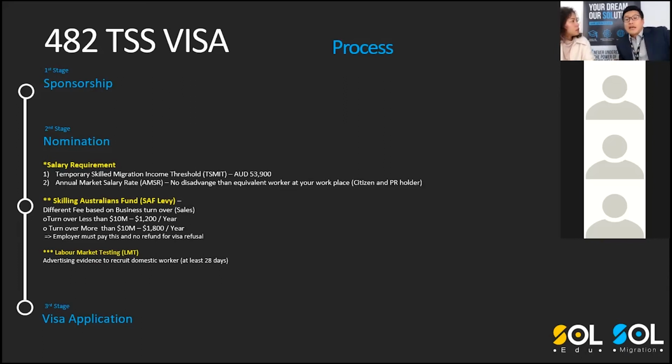But the government already provides a list of occupations, which is called the PML, the priority occupation list. So if your occupation is under the priority occupation list, under the COVID situation, the nomination process is within 2 weeks. We have granted many for IT professionals, IT occupations, which are under the priority occupation list.